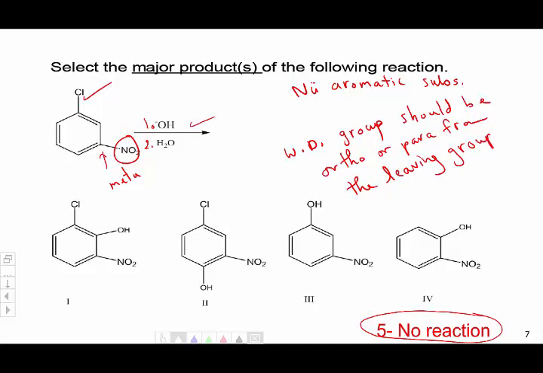So this is why there is no reaction. The point in here is to figure out that this is a nucleophilic aromatic substitution from the NaOH. Sometimes this is written as NaOH, the sodium is just a counter ion, or KOH. It's exactly the same. Okay, let's go to the next one.